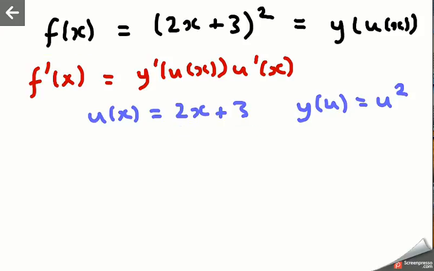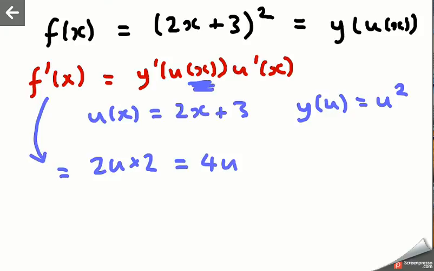So according to the chain rule, f prime of x is equal to y prime of u, so 2u, times u prime of x, and u prime of x is just 2. So that's equal to 4u. Oh, but I got that wrong. It says it's equal to y prime of u of x. Well, it's the same thing.